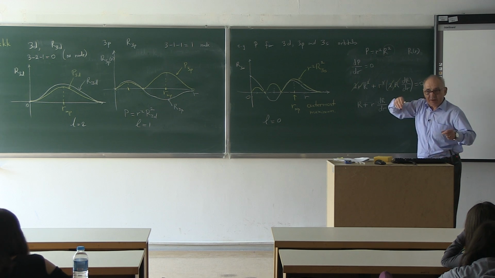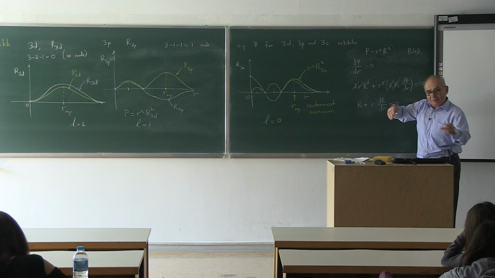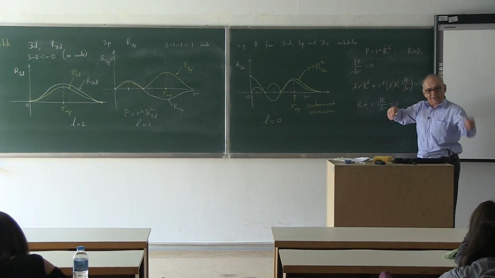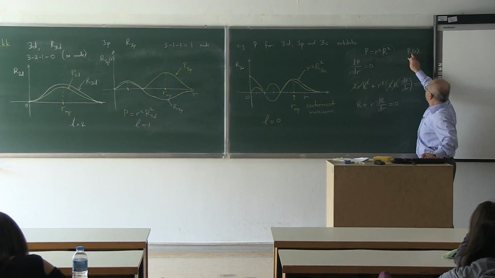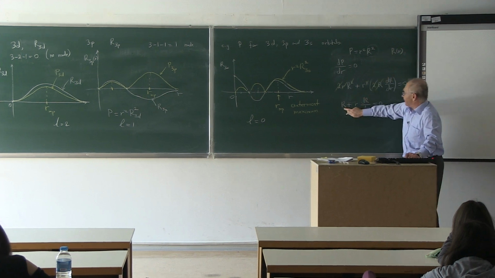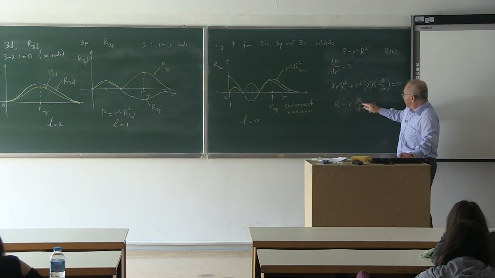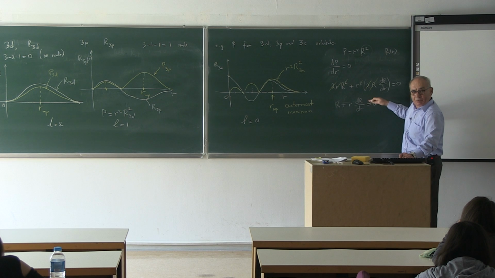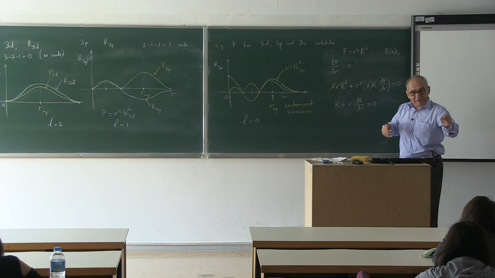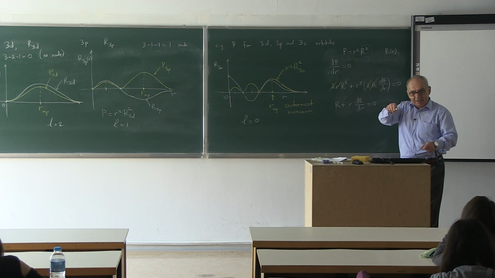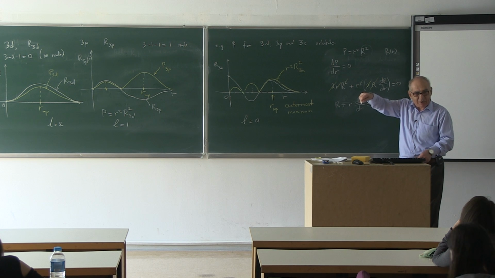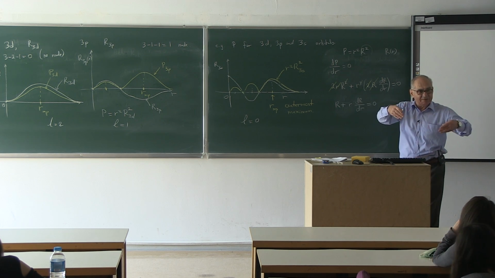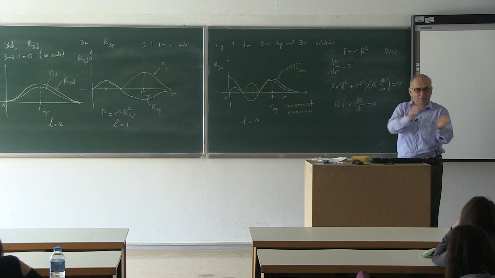This is equivalent to another procedure. What is the other procedure? You take the explicit expression R and substitute here, and then take the derivative of R with respect to the r variable, and then use this equation and find the positions of the maxima. You will obtain the same answers. It doesn't matter which way you proceed. Okay?